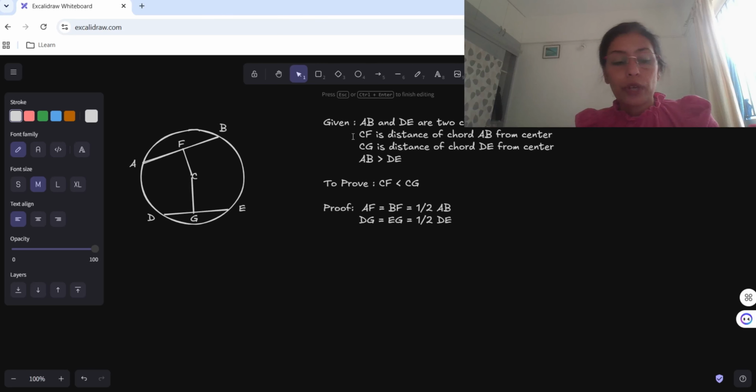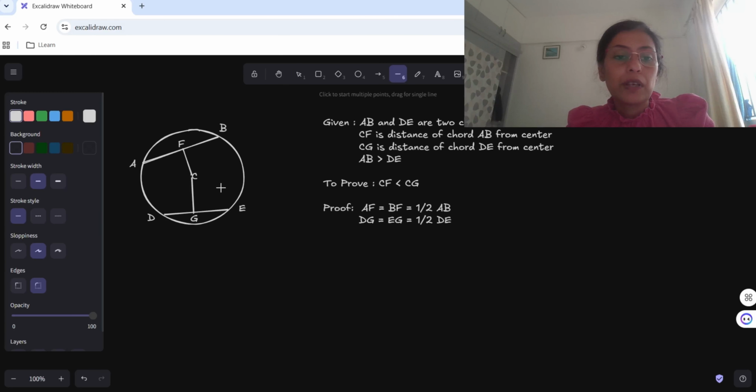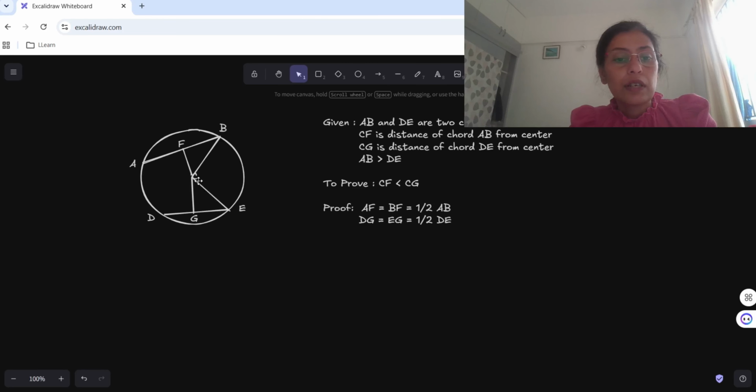We also know AB is greater than DE, right? Now, what we can do is join the center to one of the endpoints of the chord. We do it for both the chords. Okay, so I have drawn a line joining the center of the circle to one endpoint, B, of chord AB.